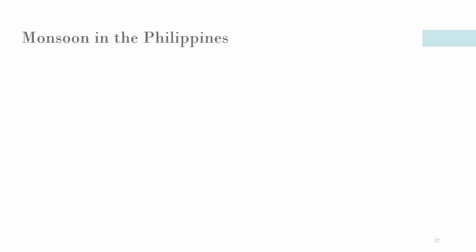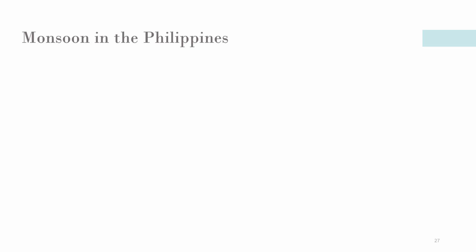And it is said that the climate of the Philippines is tropical and maritime, and it is characterized by relatively high temperature, high humidity, and abundant rainfall. So it is similar in many respects to the climate of the countries of Central America.